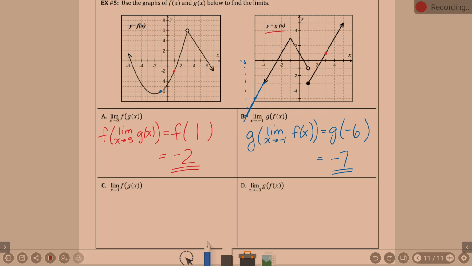Okay. C, there's a catch here. Why is there a catch on C? Hang on, let's figure it out. I'm trying to remember what the catch is, and I didn't look. So as x approaches 1, oh yeah, it's a DNE.